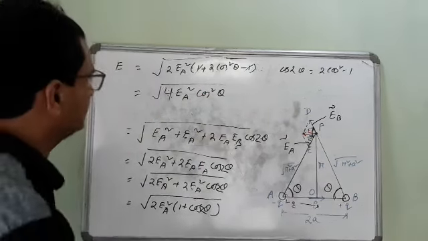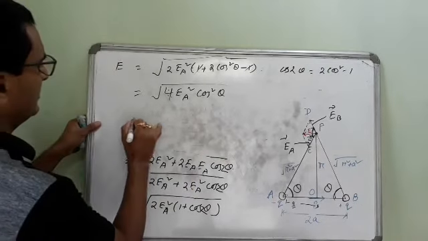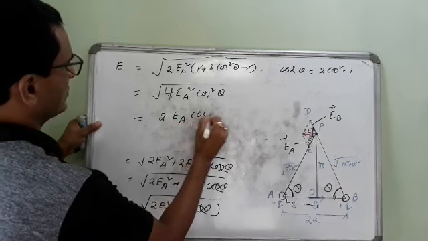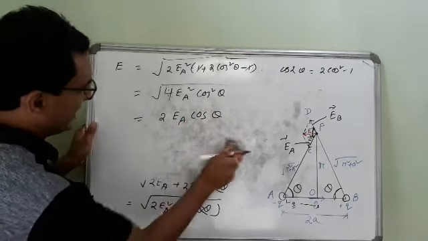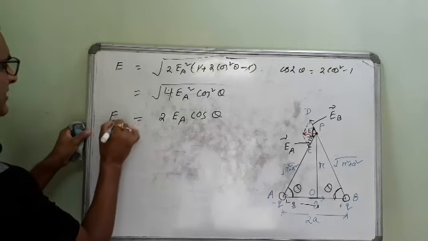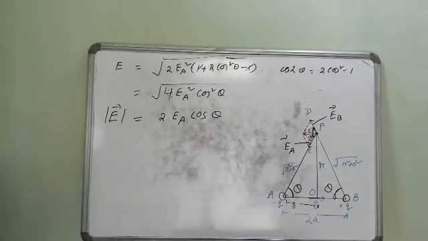Now you see, this is 2EA cos of theta. So this is the magnitude of the electric field at P due to the electric dipole.